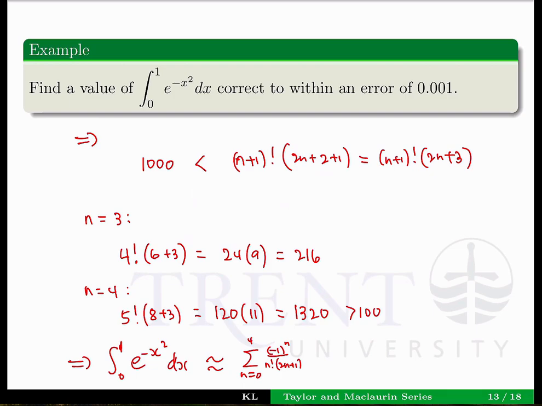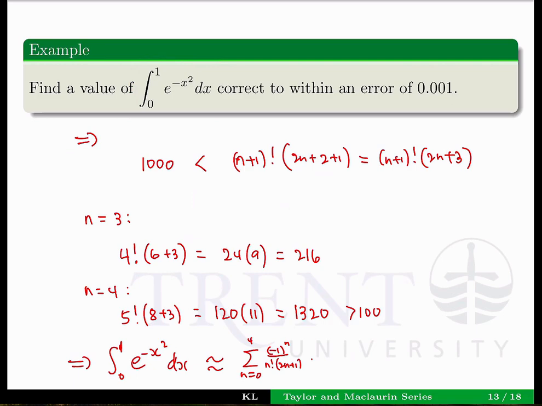So if we try to work on this, you can use a computer algebra system or your calculator. But you will see that this is the minimum value for n for which this one is correct within an error of 0.001.